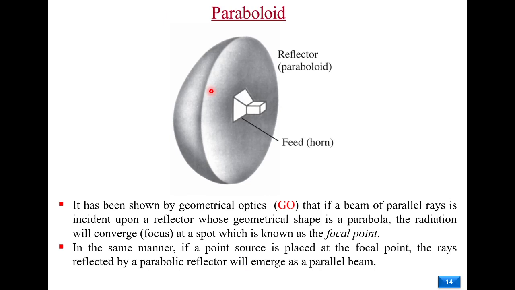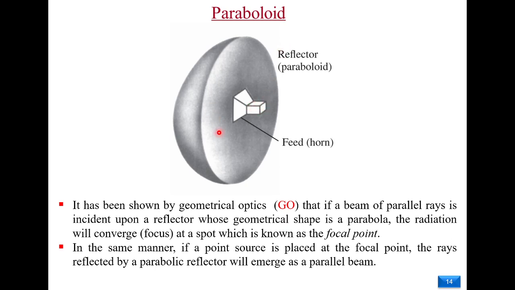And the more advanced and more conventional reflector that is very common nowadays, for example, for dish receivers, is the paraboloid, where we have a paraboloid part of a surface and a feeder if we are transmitting, or a collector if we are receiving.